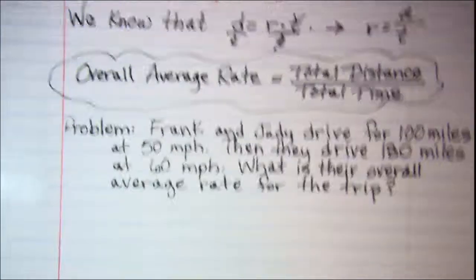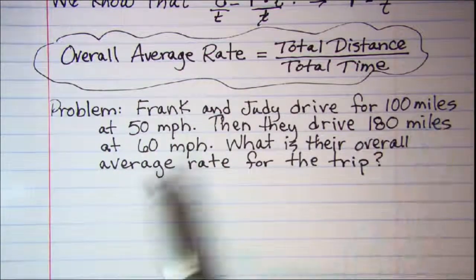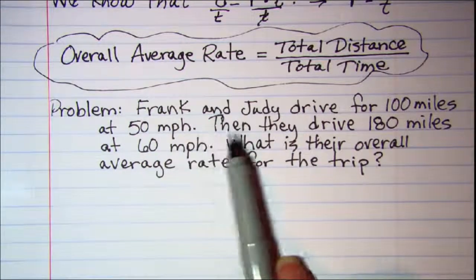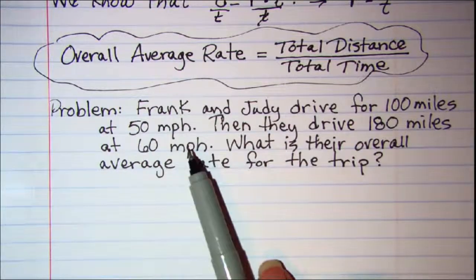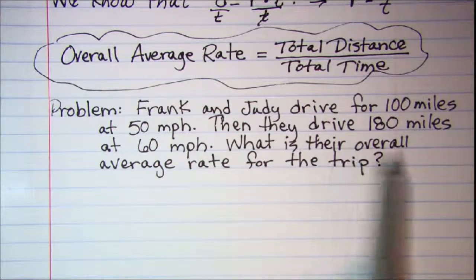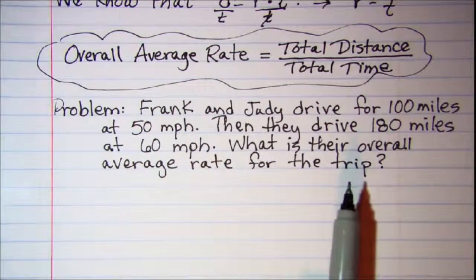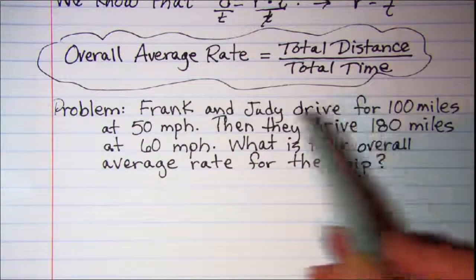Our first problem is Frank and Judy drive for 100 miles at 50 miles per hour. Then they drive 180 miles at 60 miles per hour. What is their overall average rate for the trip? So I need to find, I have the distance on this first sentence.